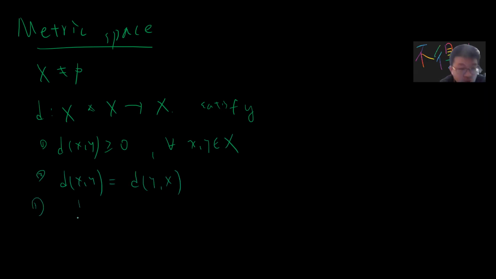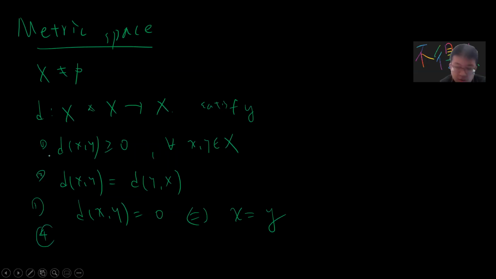Third, the distance is 0 if and only if x equals y. And the fourth is the triangular inequality: d(x,z) is less than or equal to d(x,y) plus d(y,z). So this is a metric space.